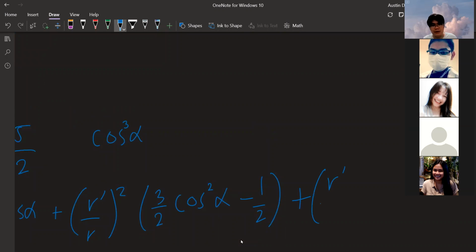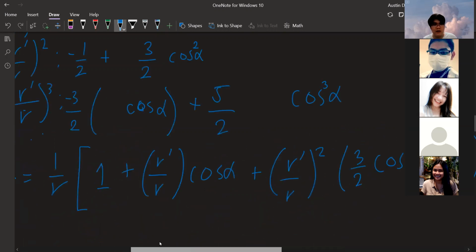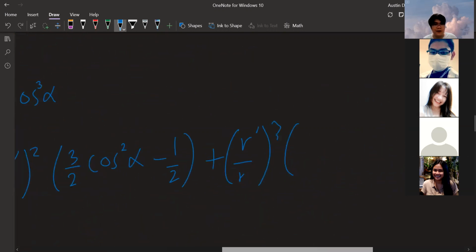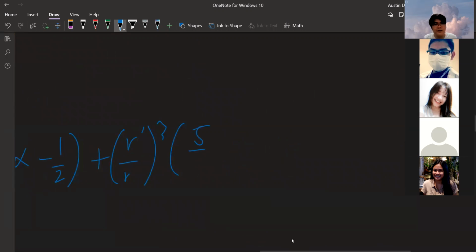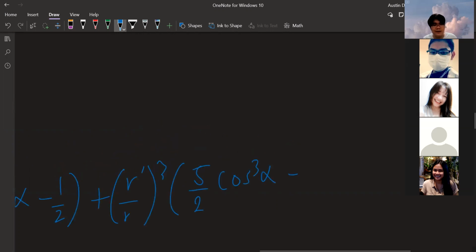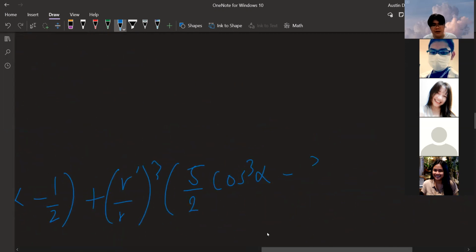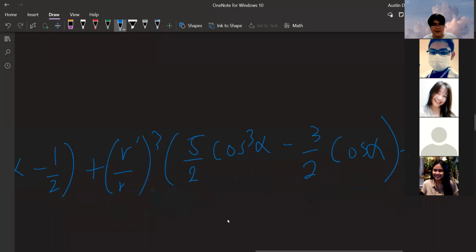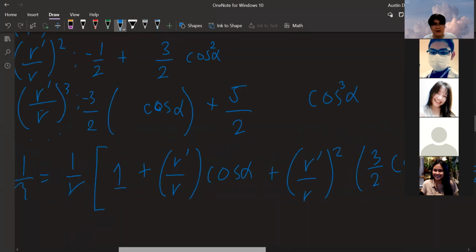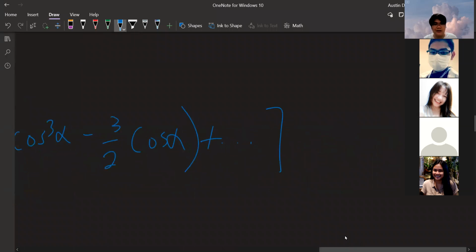Plus r prime over r cube ng 5/2 cosine cube alpha minus 3/2 cosine alpha. Okay? And plus the other terms. To the fourth, to the fifth, etc., etc. But we can't do all that, di ba? So, kinuha ko lang muna yung iba. I-close natin for closure. Okay?